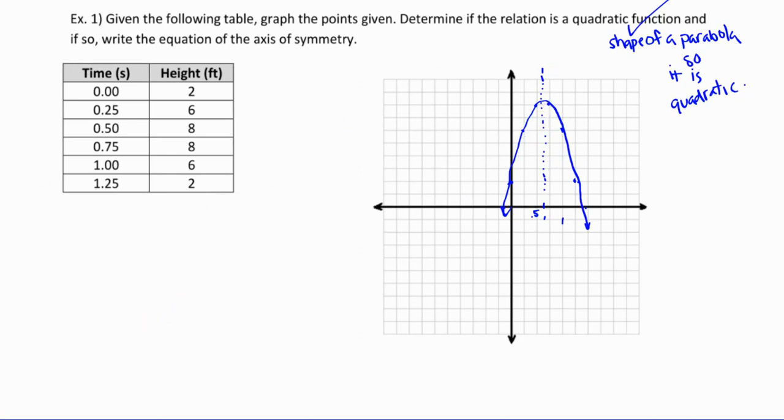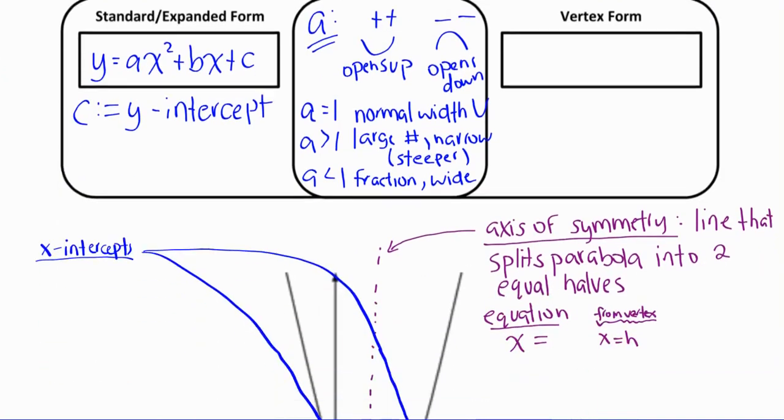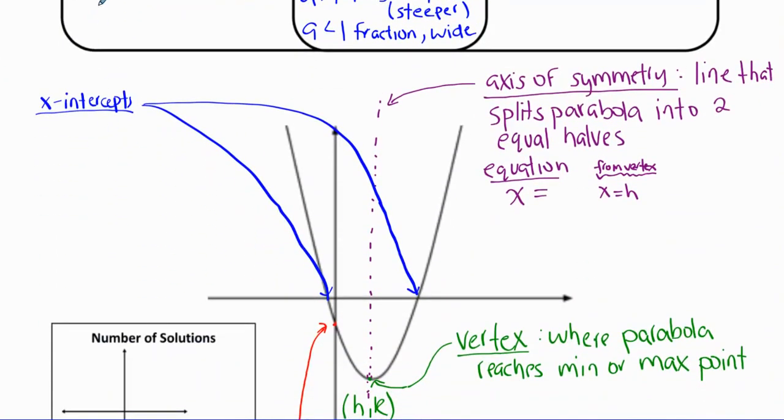This works really well with x-intercepts, which we're going to talk about how we calculate next time. If we're using x-intercepts, we can take the average of our x-intercepts, so our axis of symmetry will be in the middle, or any 2 points that are at the same height.